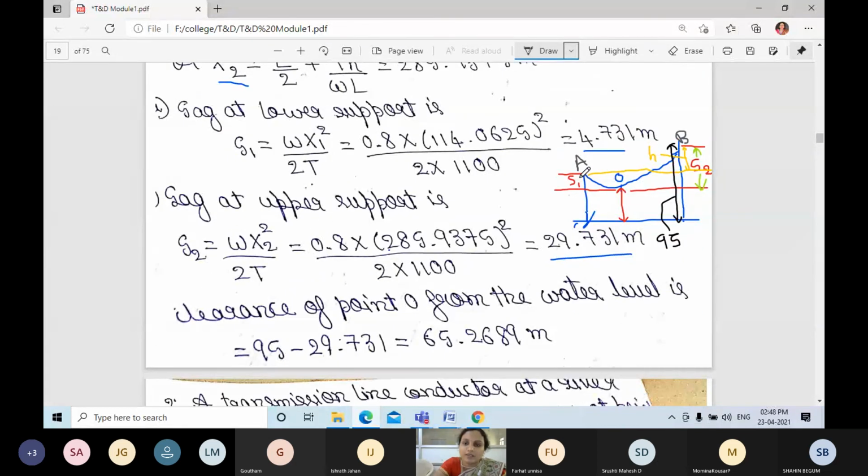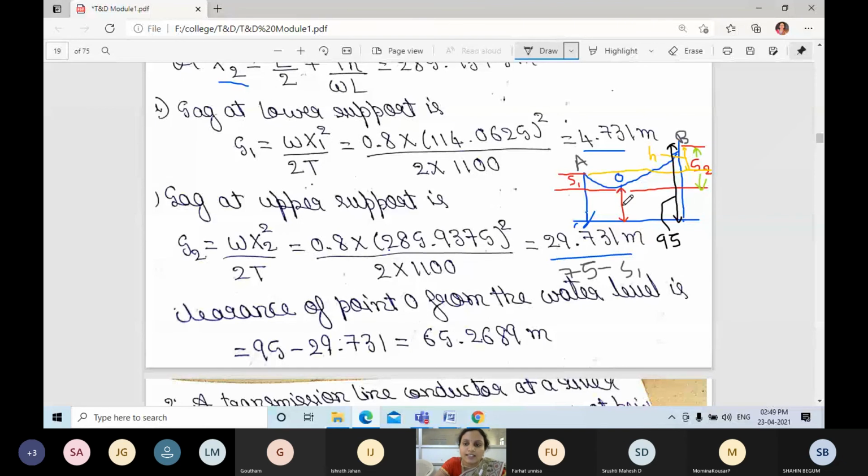Now we know the value of S1. We can find out clearance by using any one value. Either you can use support A value 75 minus S1, or 95 minus S2. Okay, if you use both values you'll get the same, that is 65.2689.